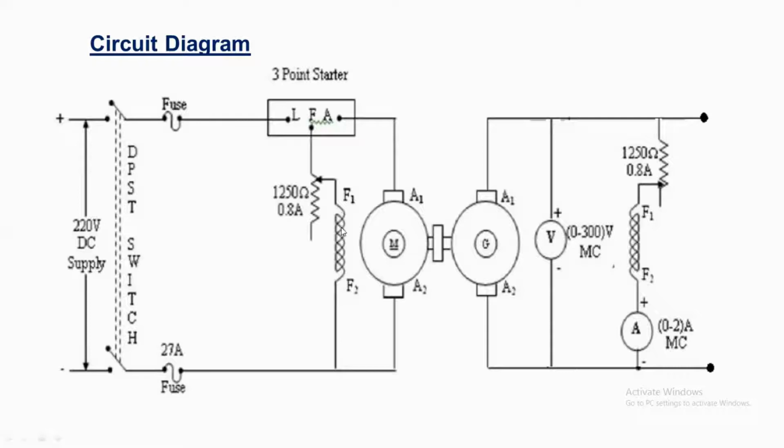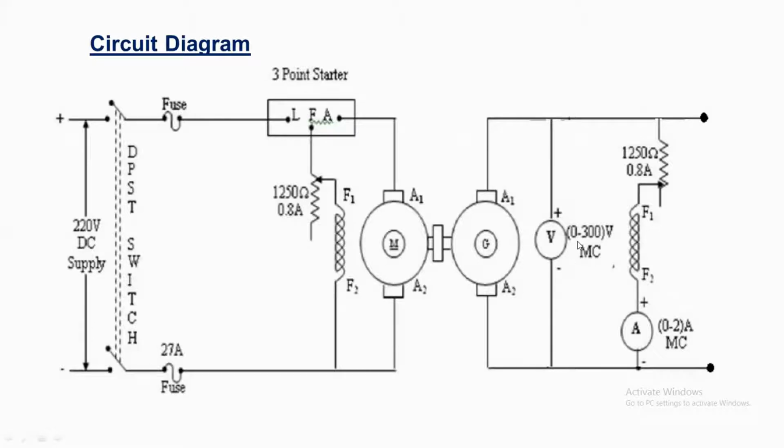In a shunt motor, the field winding has a large number of turns with thin wire. This is a self-excited motor. The motor shaft is coupled with the generator shaft. Next, the generator connection.